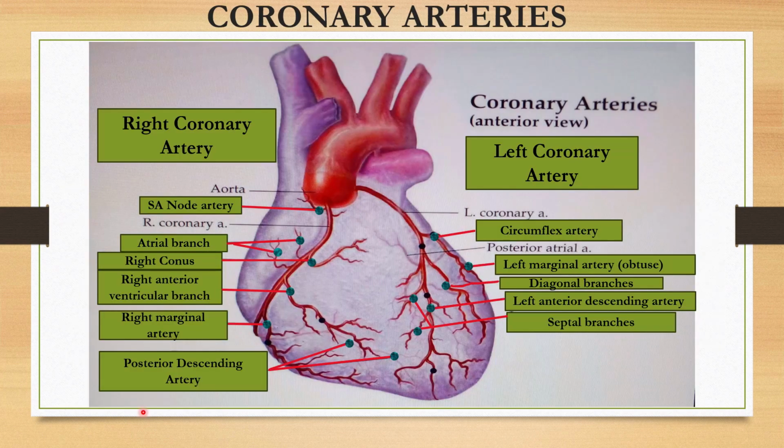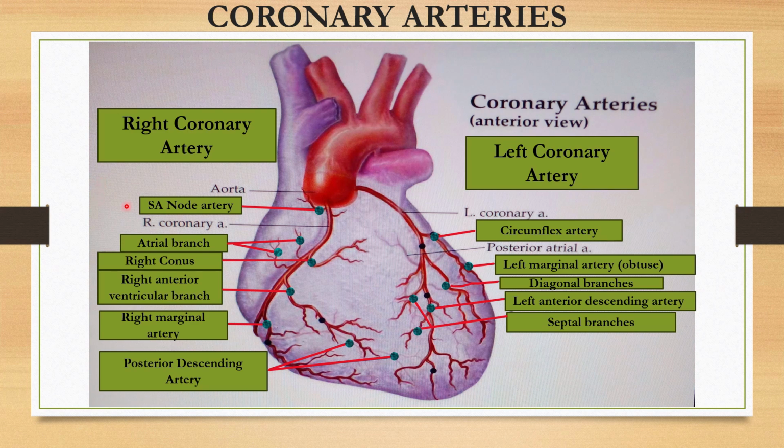In this picture, you can see the coronary arteries, the right coronary artery and the left coronary artery. You see how its branches cover the entire heart so that the heart muscle gets adequate blood supply. First, let's see about the branches of the right coronary artery.